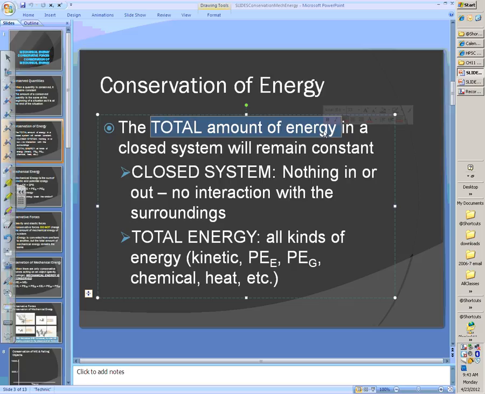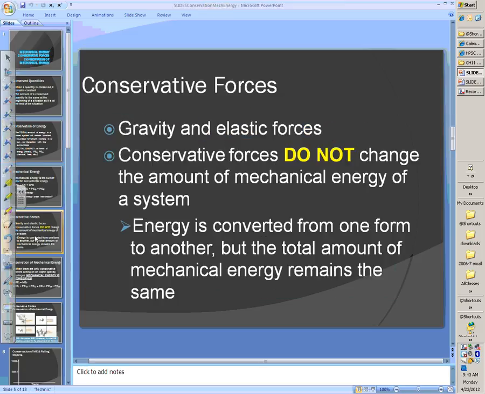However, in certain situations, we can see a conservation of mechanical energy. And we said that was the case if we have what we call a conservative force acting on that object. So, two examples of conservative forces, gravity and elastic forces. Okay? And what makes those conservative forces special?